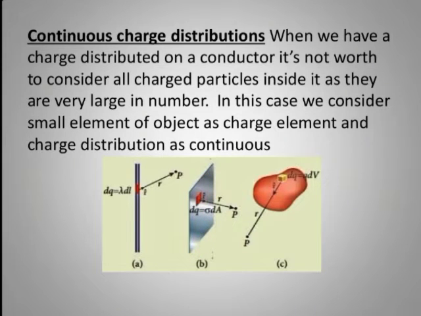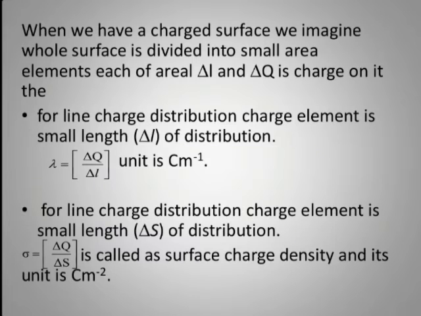So this continuous charge distribution tells you about a very large object that has many atoms in it, and these atoms have got charges in it. So how are you going to calculate the formula of a bigger object? You are going to study that in this concept. Now going to the formulas.